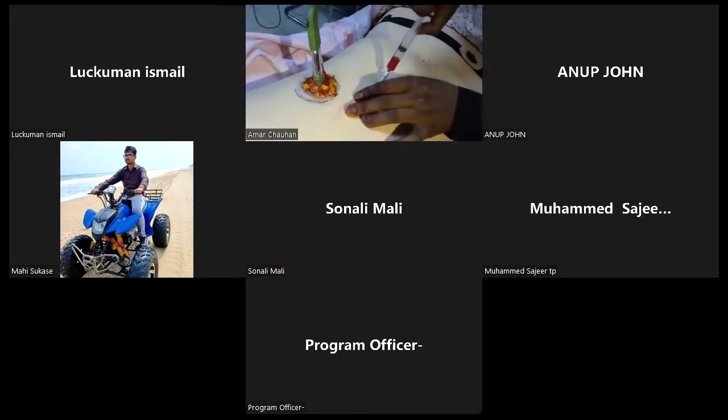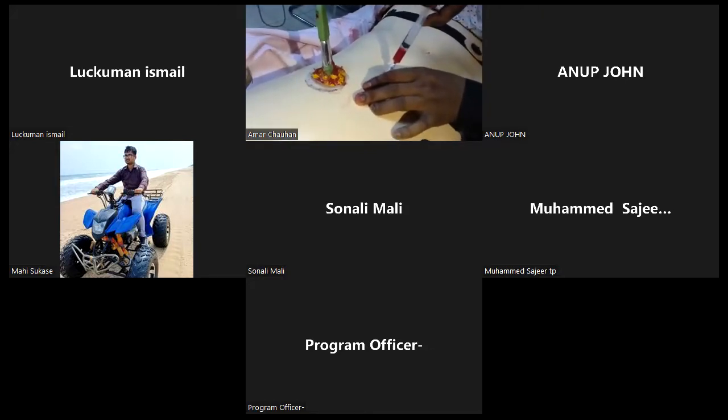So you can see the blood coming out. So we can do pericardiocentesis also in this manikin.